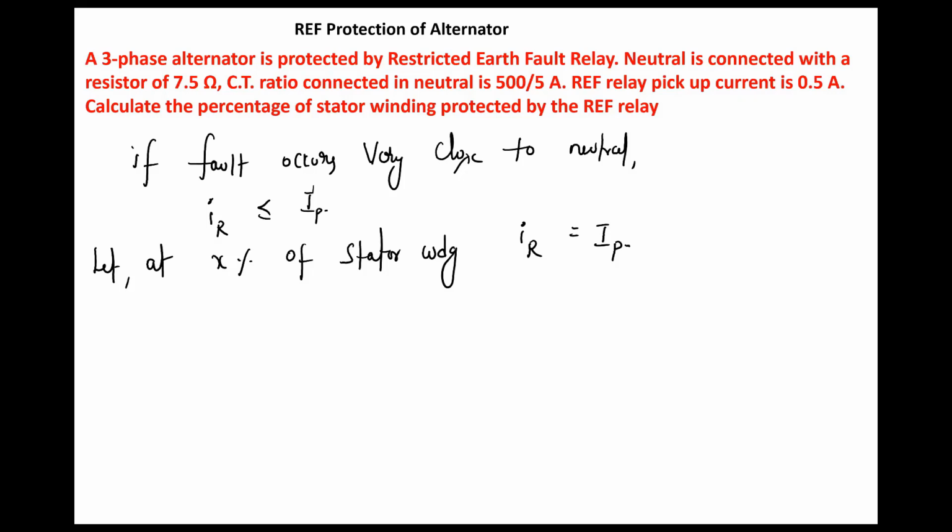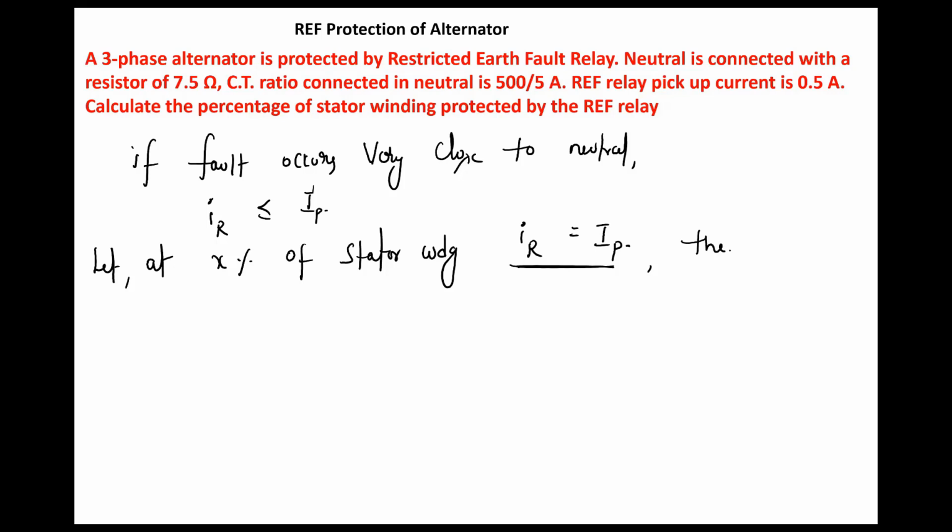So this X% of the stator winding where your relay current is matching with the pickup value, okay, then what happens? Let at X% of the stator winding IR is equal to IP.